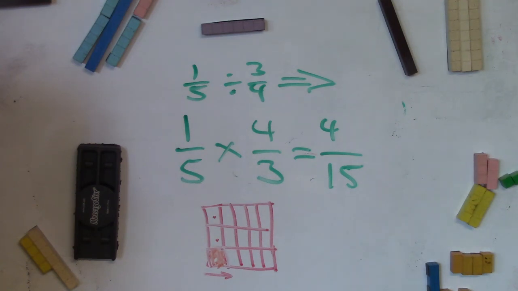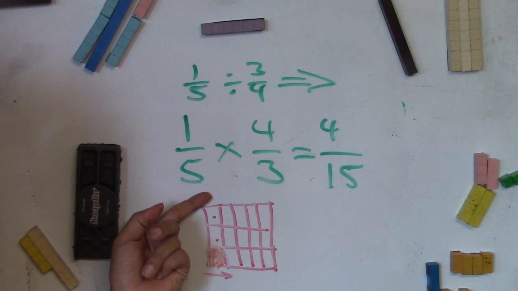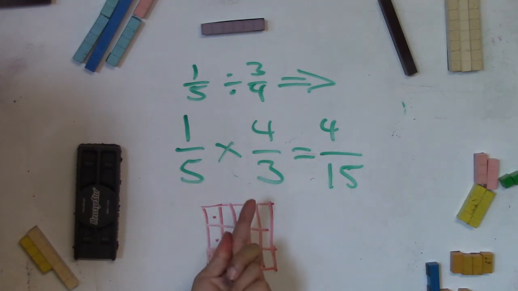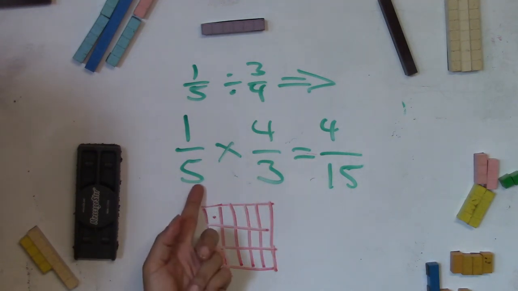There we go. And then we have one more thing. Because really, that's what you're doing. You're going over 1/5, and then you're going up 4/3. But you only had 3, so you had to go up 1 extra one.